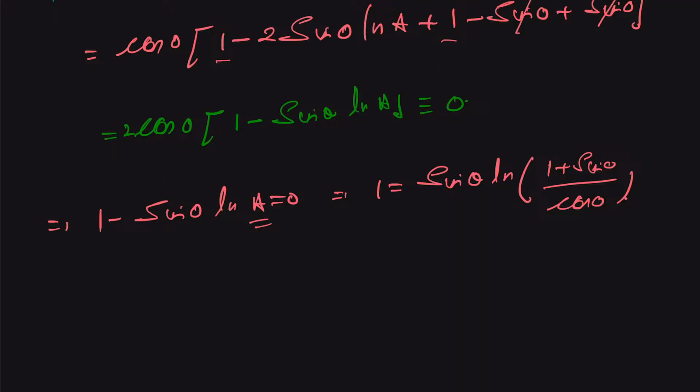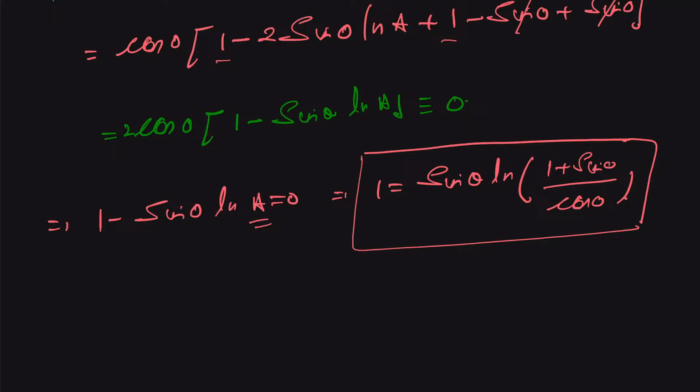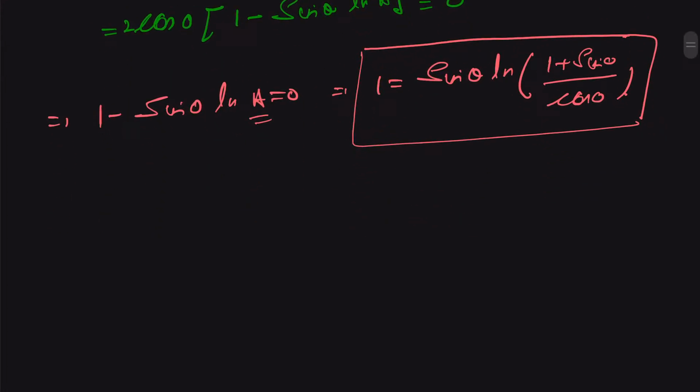Okay. And this was the equation for the maximum, such that theta is our maximum. And if you want to find out the exact value of theta, this theta will be approximately 56.5 degrees. So for this value of theta, the arc length will be maximum.